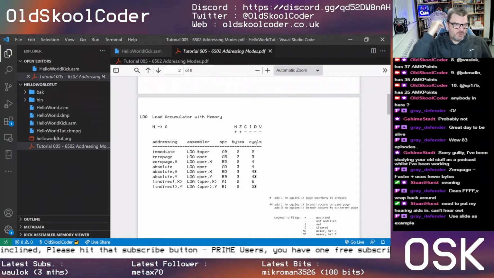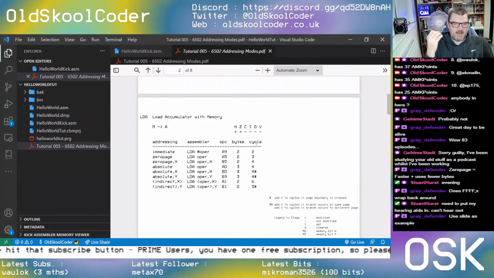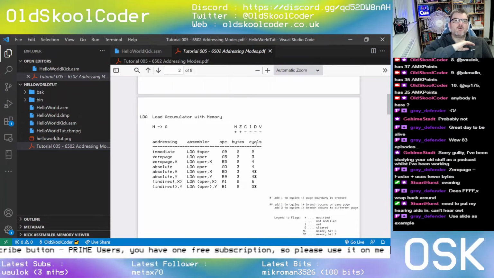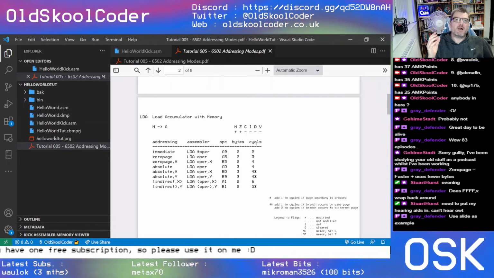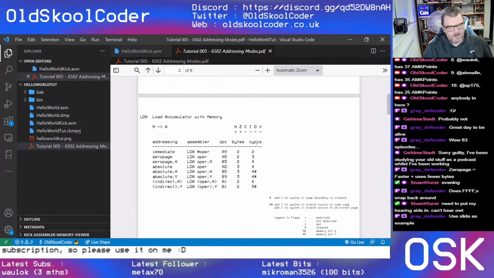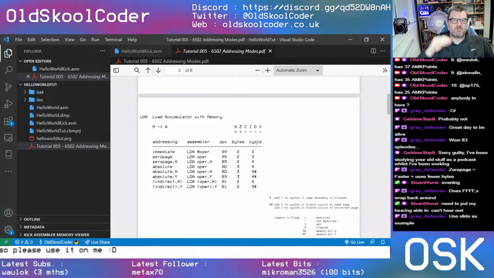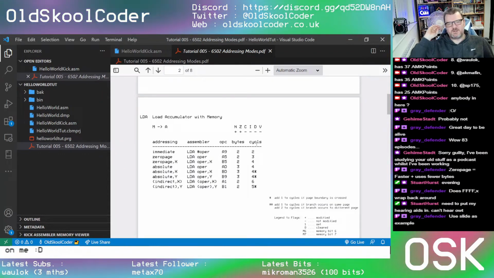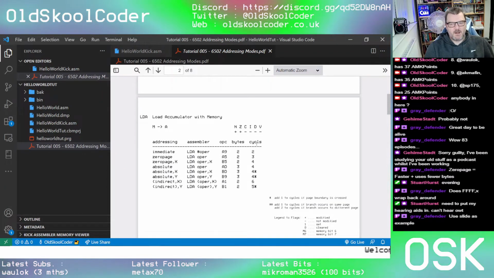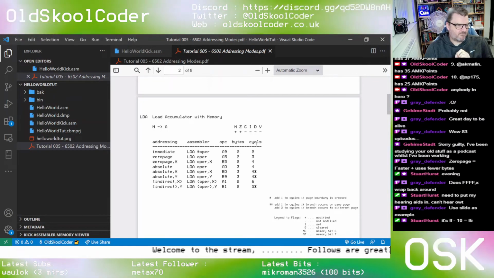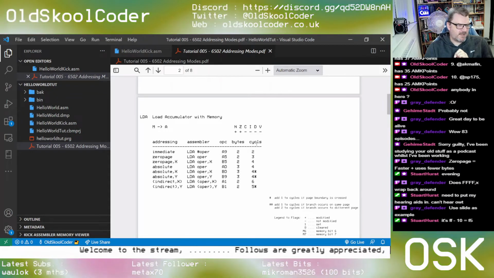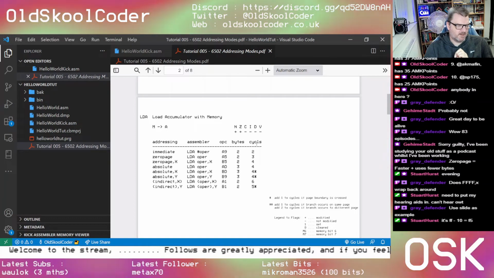Now, jump absolute addressing is the one you will use 99.9999999% of the time, because you are going to jump to a known location.